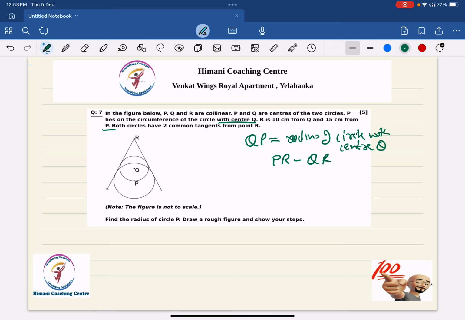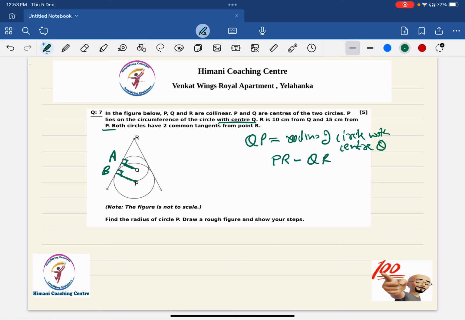So let us draw the radius from Q on the tangent from R. Let us say it meets at A. So this angle would be 90 degree. Also, P is this and this is the radius PB. That will also be 90 degree. Why are we saying 90 degree? Because of the theorem, and since it is a 5 marker, you are supposed to write that down.